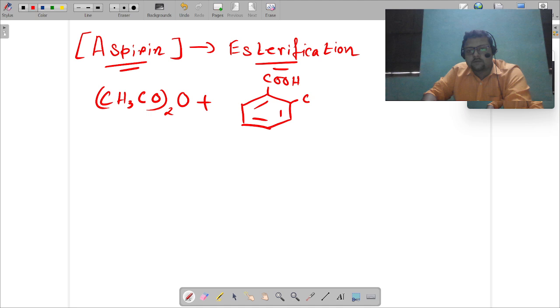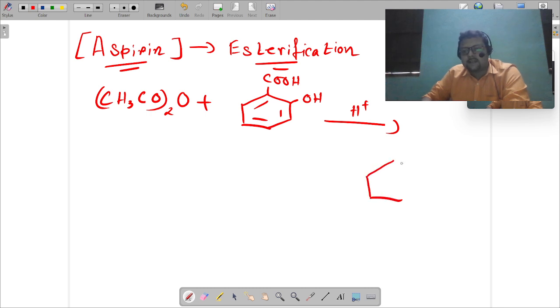When these two react together in the presence of protons or acid, we get acetyl salicylic acid. This molecule is also known as aspirin.